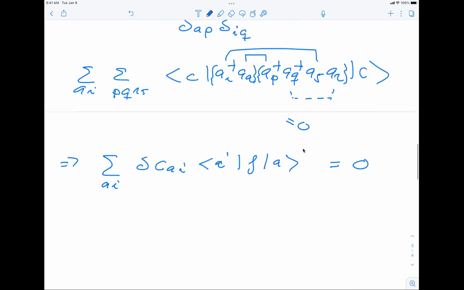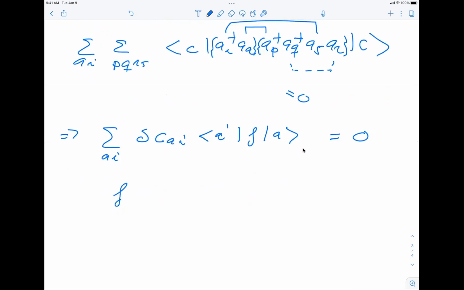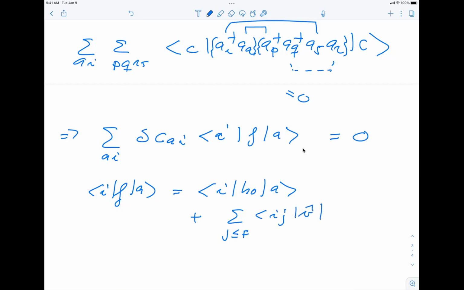And if we now look back at the expressions for F, let's quickly remind ourselves of the expression for F. This is given by the single particle operator, and we have this term here, plus a term which runs over all the states below the Fermi level. And then we have an ij, V, and then finally an aj, and this is an anti-symmetrized matrix element. And this is the so-called modified one-body operator with respect to the new vacuum.